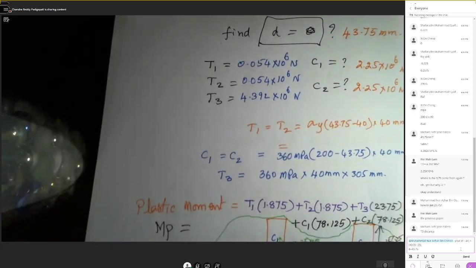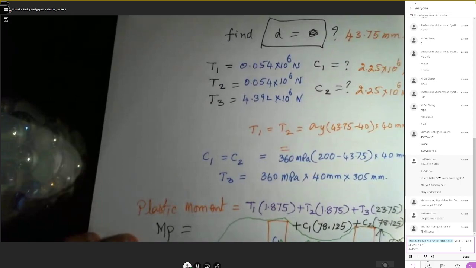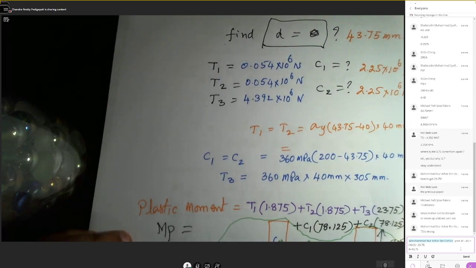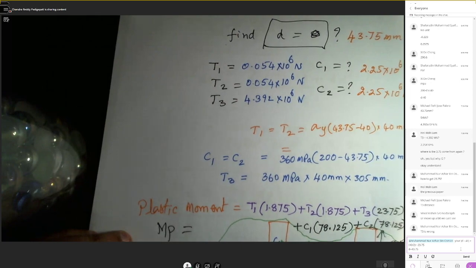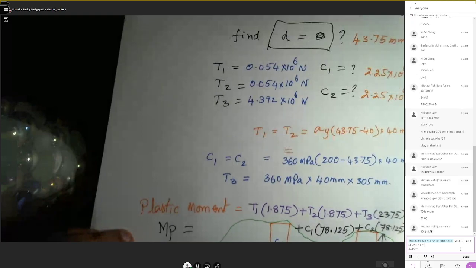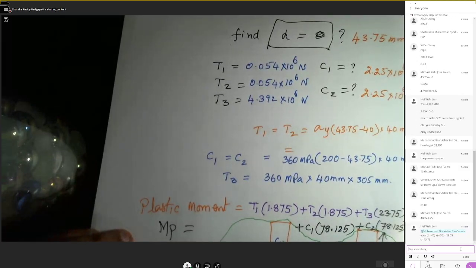Did I write this 23.75 here? Sorry, this is 43.75, right? It is not 43.75 over 2, but this one is 3.75, right? Then to the center, so you get 40 over 2 plus 3.75. Is this correct, Heva and Michael? Is that clear, Nurozak? So from where you are getting this 23.75?